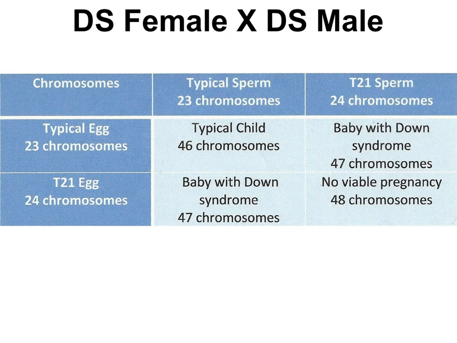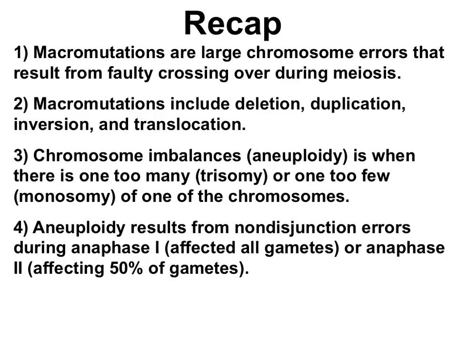Having 4 23s would be lethal, so this baby wouldn't even be born. So to answer the question, if two people with Down syndrome happen to be fertile and made a baby, there's a 2/3 chance that the baby would have Down syndrome and a 1/3 chance that the baby would not have Down syndrome.